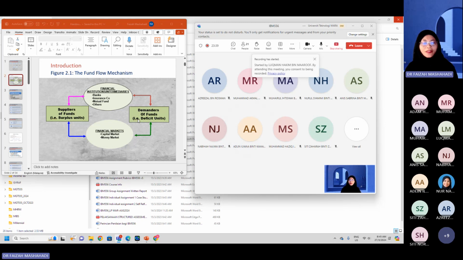Is it possible for the deficit unit to target a specific surplus unit to purchase their bond without going through the financial institutions and financial markets, without going through any of this intermediary? I think maybe they can. Do you have any explanation for that? Not sure.